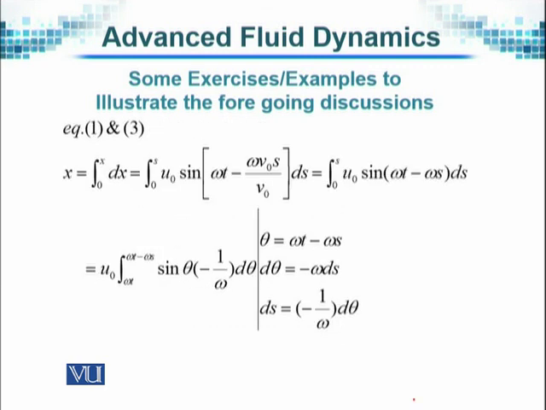x is therefore equal to, making the appropriate substitution, here there was y, and we write for y the value v naught s. This reduces to, you can see, v naught divided by another v naught constant, so they cancel each other, and we are left with the integral from 0 to s of u naught sine of omega t minus omega s ds.